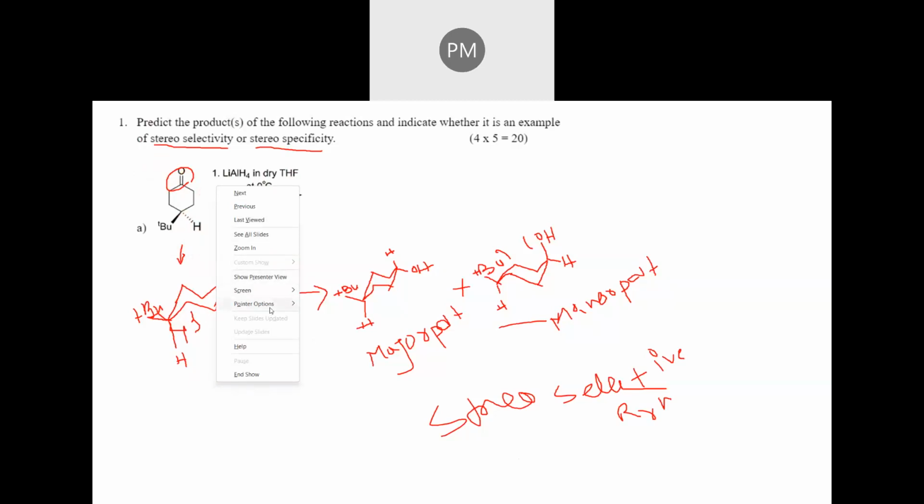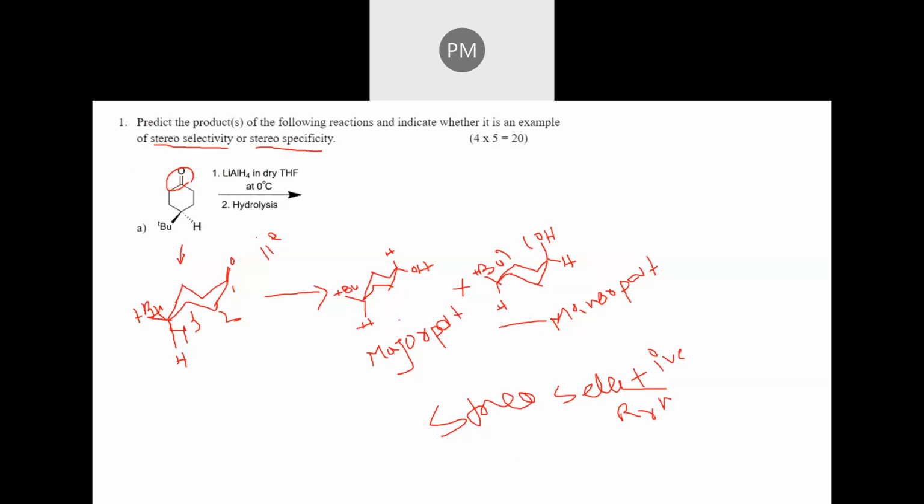So now we attack with LiAlH4 here. What will happen? LiAlH4 is a hydride source, so it will transfer the hydride and this becomes OH. So it will be like this. Now there will be two possibilities: the hydride will be attacked from below the plane or from above the plane.